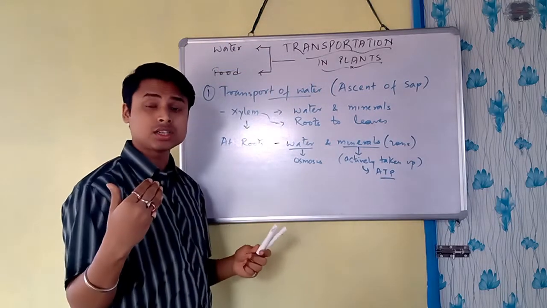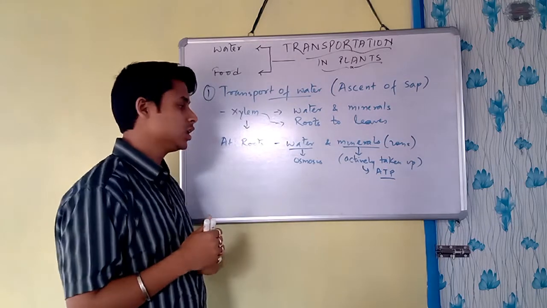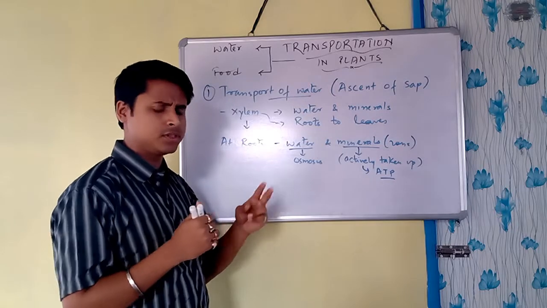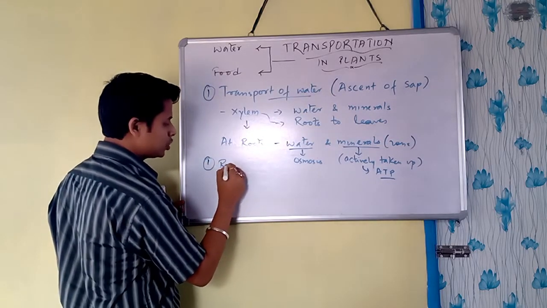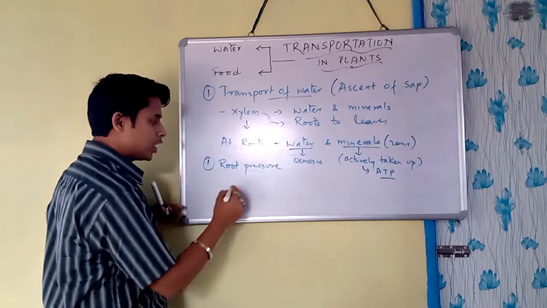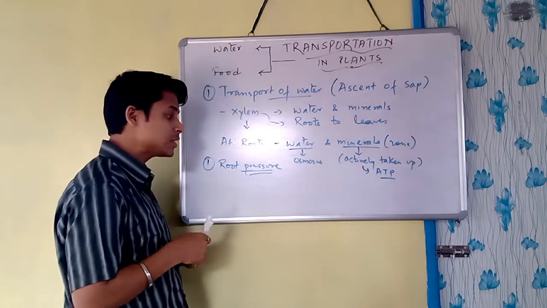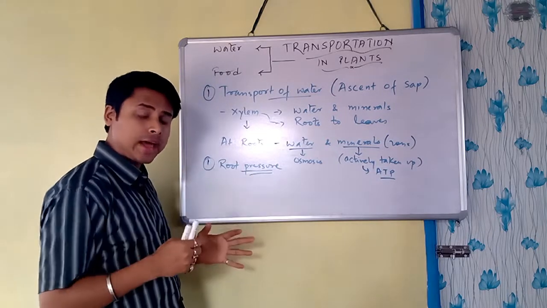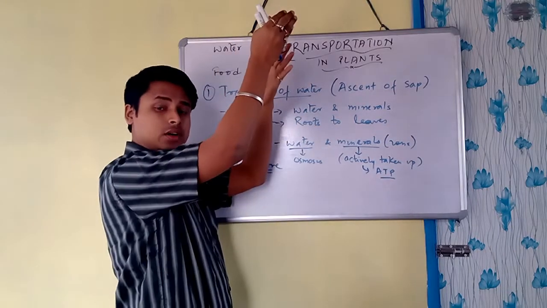Now the journey starts for the minerals and water to reach there, and for that two sub processes happen here. One is root pressure. The root exerts pressure, right? Roots exert pressure, so that due to this pressure it moves upward towards the leaves, right?